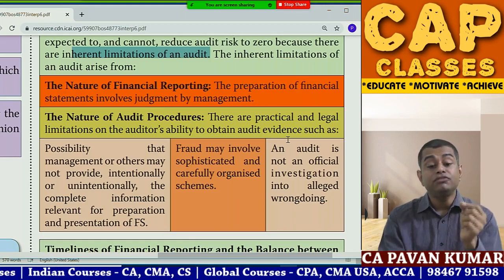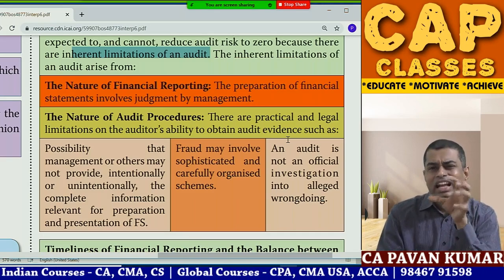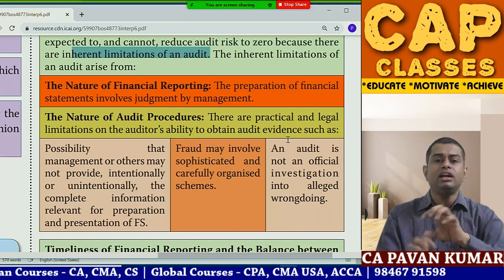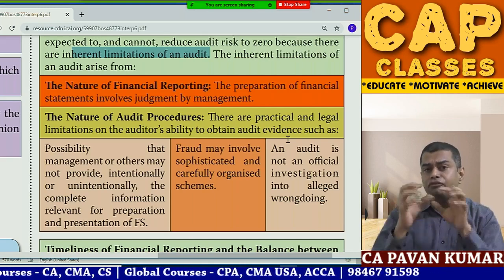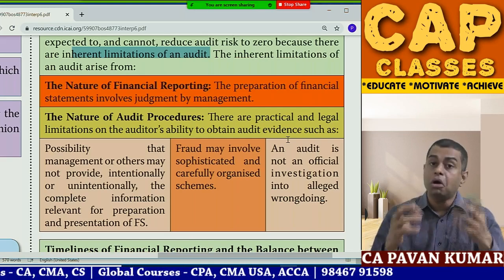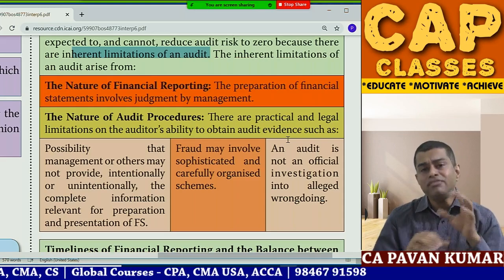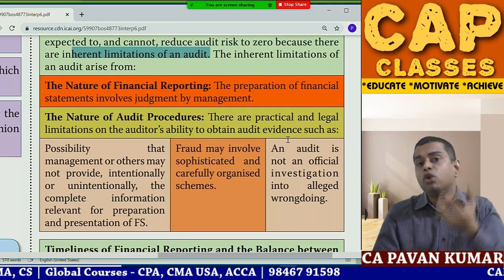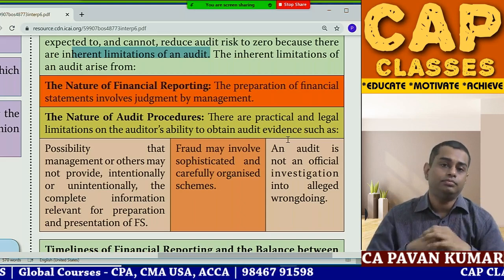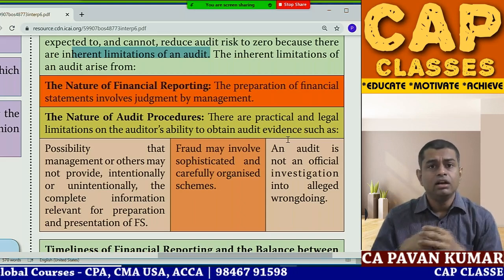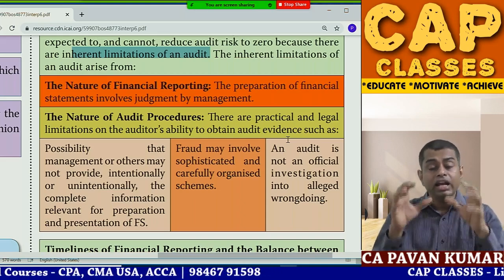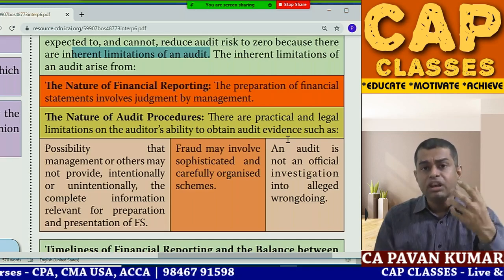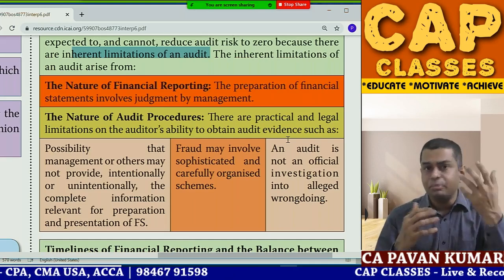Now sometimes fraud may involve technically strong, sophisticated, very carefully organized schemes which the auditor is not aware of. Say for example, through computer programming, you did some fraud. Your client, I am conducting audit of your company, and in your company's books of account, there is some very high level language like some ERP, SAP.